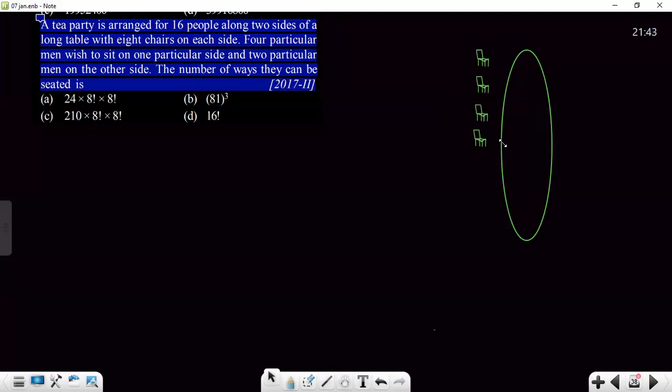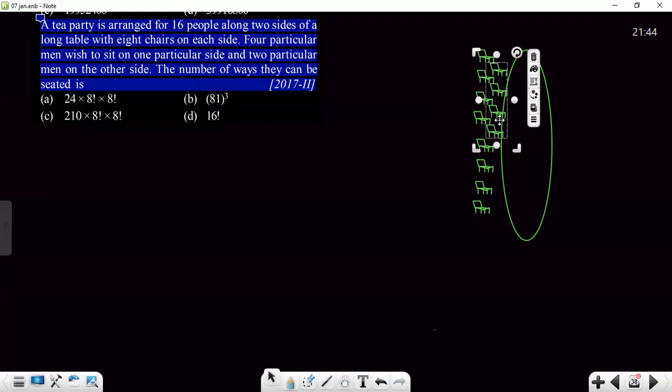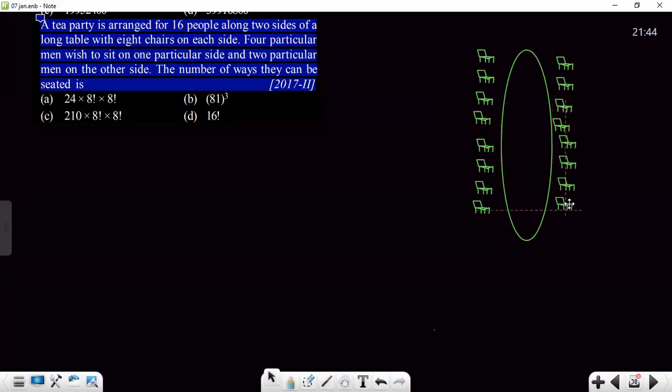But you have to place eight chairs, and eight chairs on the other side also. Okay. How is my drawing? Fine.